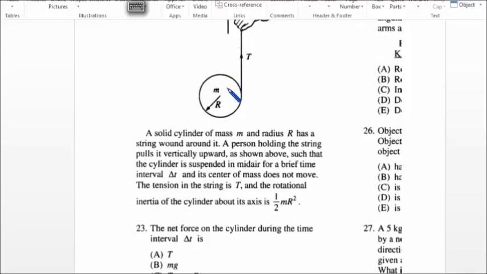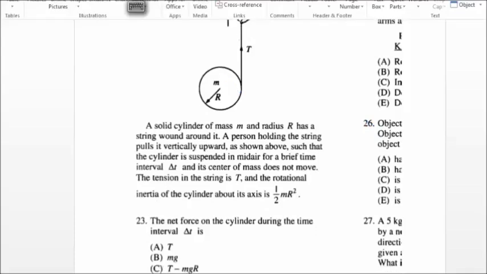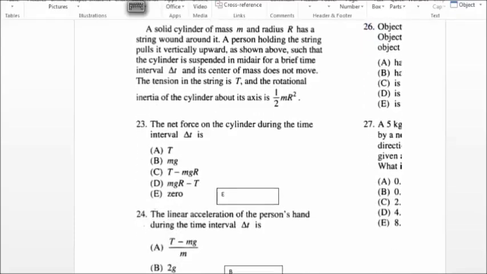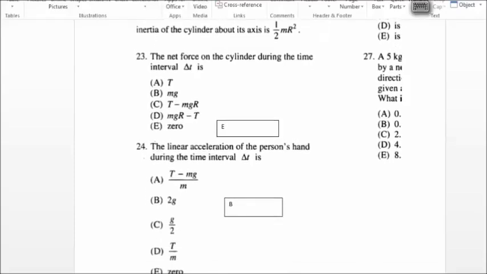So this mgR, the torque, creates acceleration. The torque mgR is equal to the moment of inertia times angular acceleration alpha. So I alpha is equal to mgR. I is given to be half mr square.